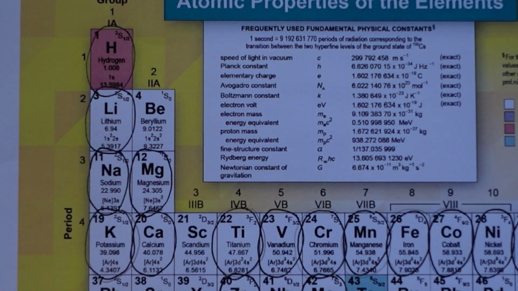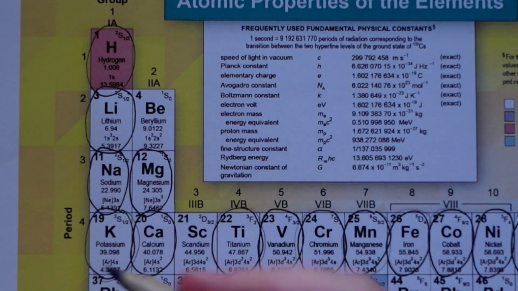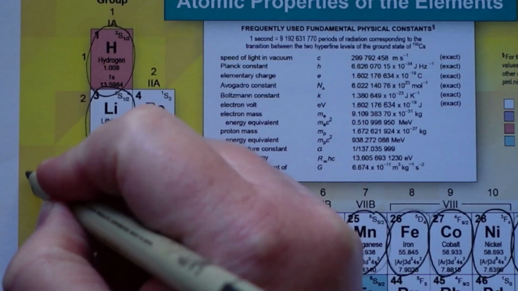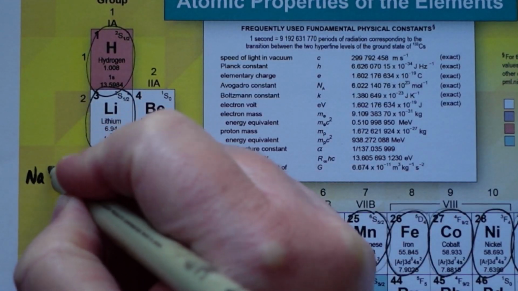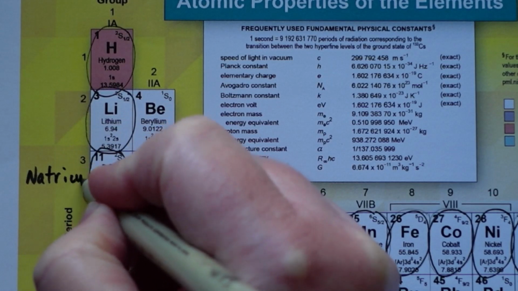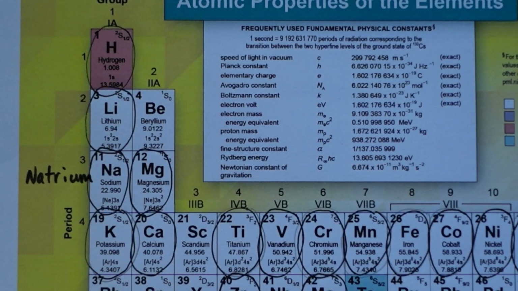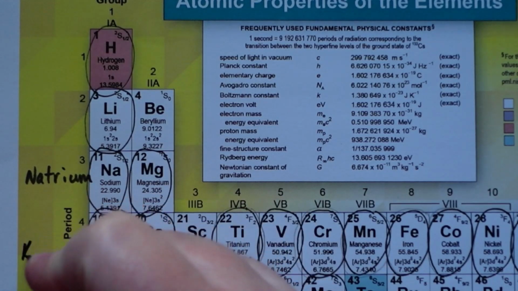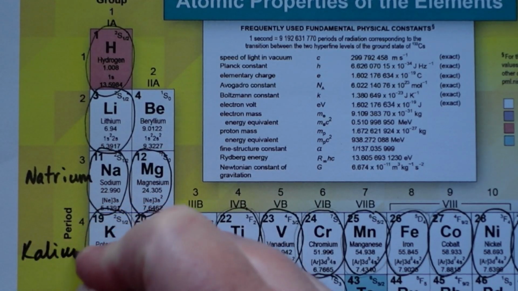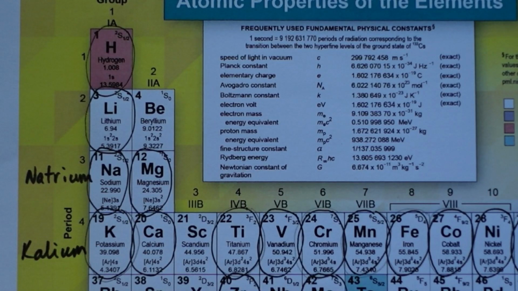And the reason for that is because some of these chemical symbols are based on the Latin names for the elements. Sodium, for example, in Latin is natrium. Potassium in Latin is kalium.